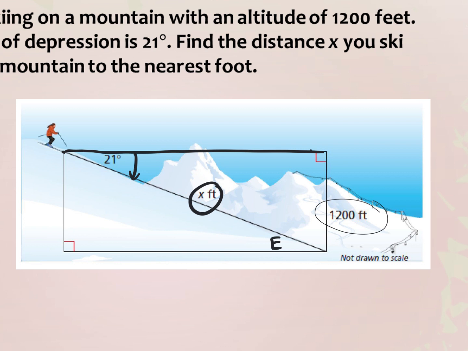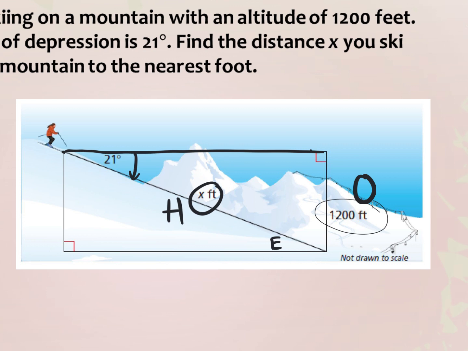It's not going to be tangent. It's not going to be cosine. Look at the 21. Go across from the 21. What is this 1,200? Opposite, adjacent, or hypotenuse? Opposite. What is the X? Hypotenuse.